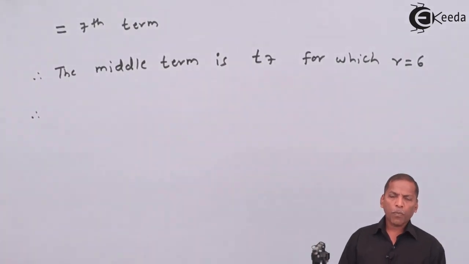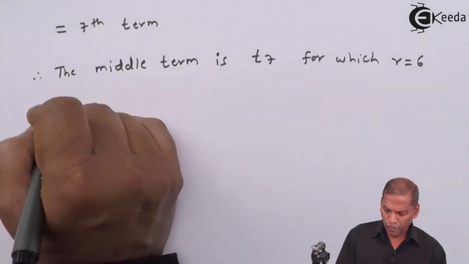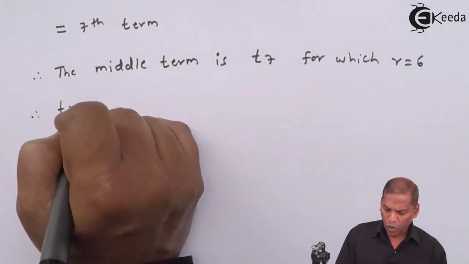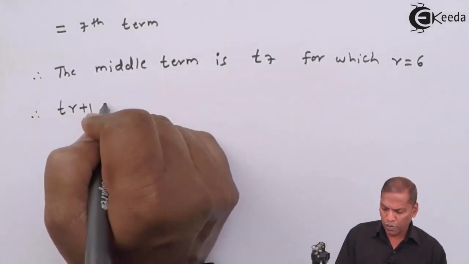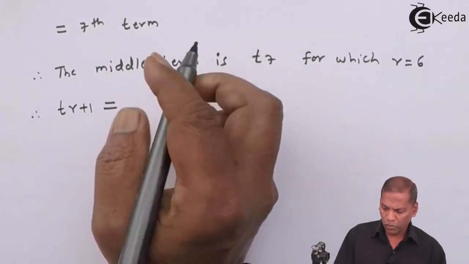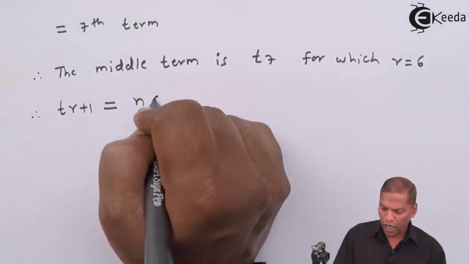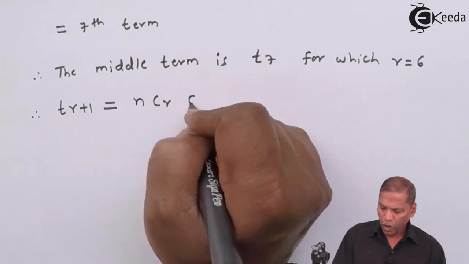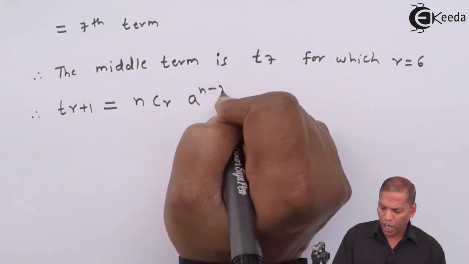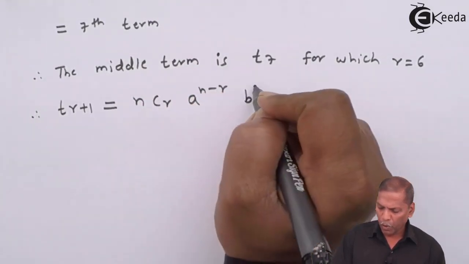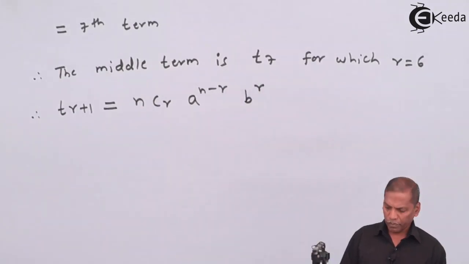Therefore, the formula for the general term is given by T(r plus 1) is equal to nCr a raised n minus r into b raised r.